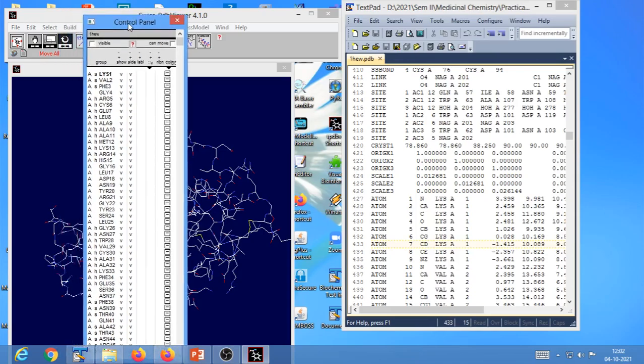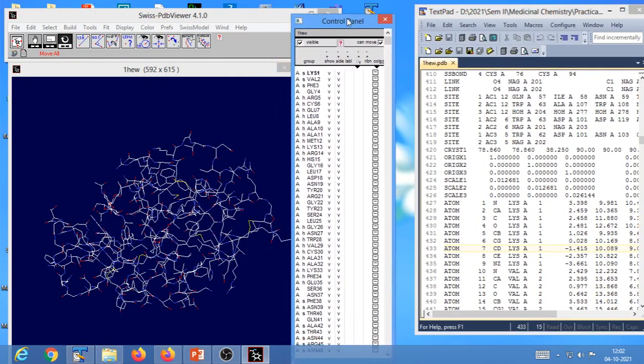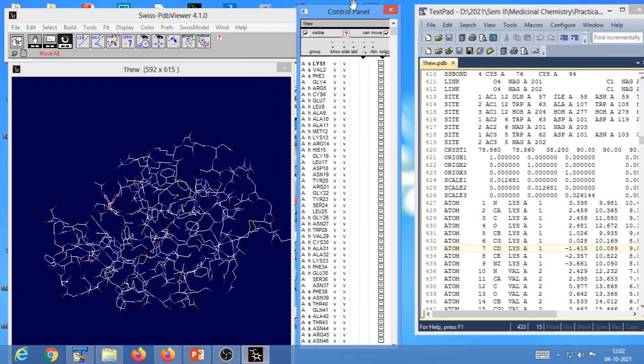For that you would require this control panel. Okay, let me arrange these things properly. So in your control panel, the amino acid residues present in your protein are listed. At first position you have lysine, at second position the amino acid residue valine is present, at third position phenylalanine is present, and so on and so forth.